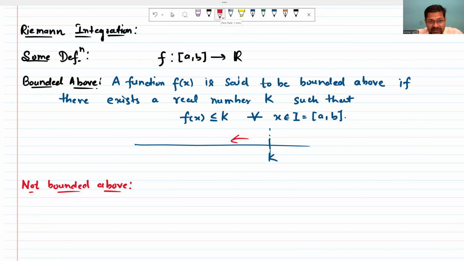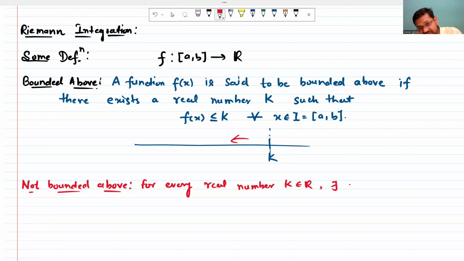तो हम इसको कैसे लिखेंगे? If function is not bounded above, it means for every real number capital K, अगर हम ले लेते हैं, there exists some point in this interval a comma b, such that the value of the function crosses this real number capital K. इट मीन्स कोई भी रियल नंबर हमारे पास ऐसा नहीं है जो उसको रोक पा रहा है ना?